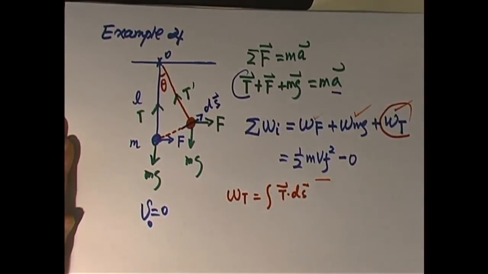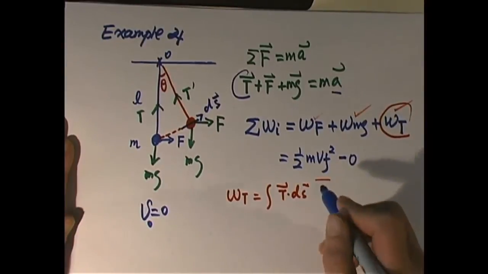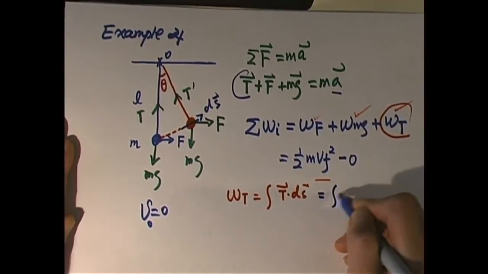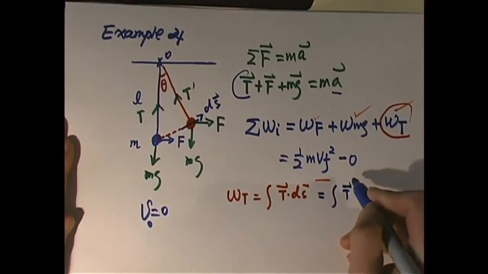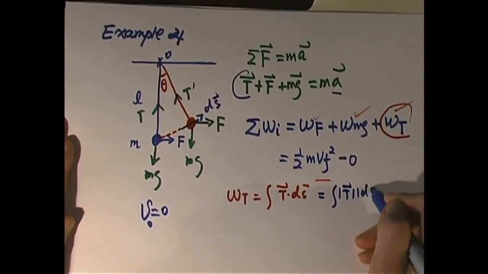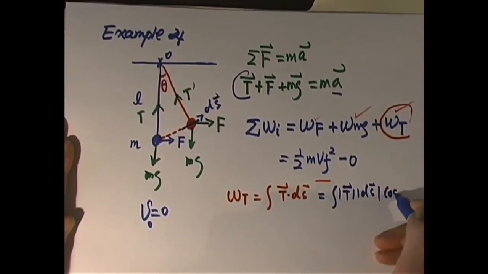Tension T is always along the radius; it's centripetal. So the angle between tension T and ds is always 90 degrees. So we can say tension T, we don't even know the magnitude, but the angle is 90 degrees. That means tension T doesn't do work.